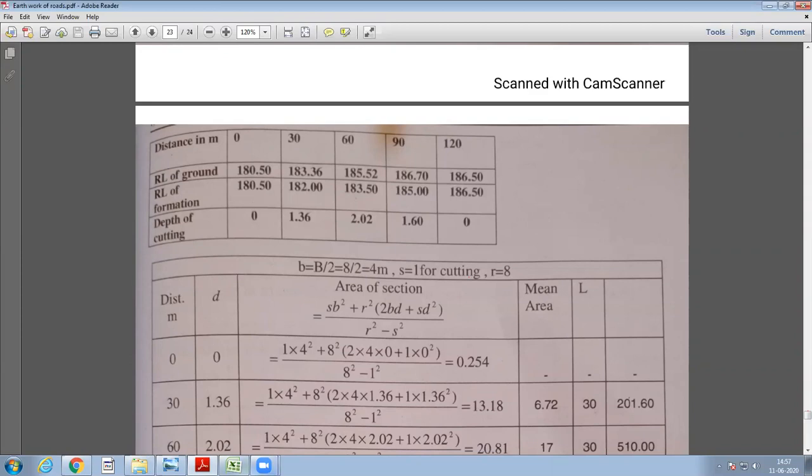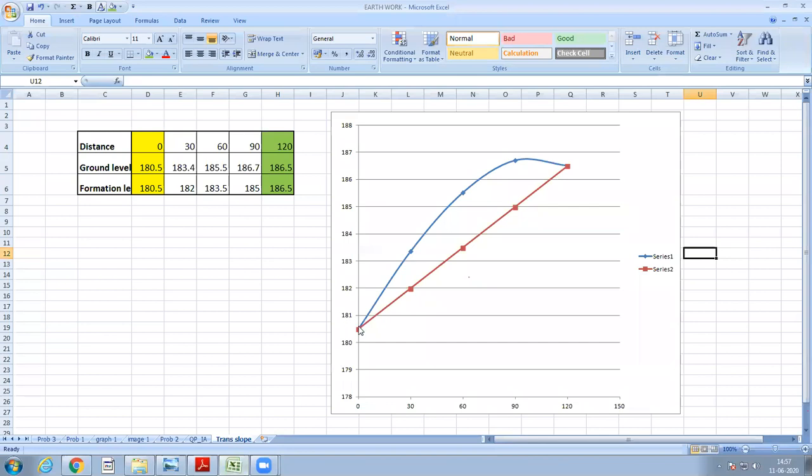So now let us plot a graph for this whole data. If you plot a graph, you will get like this. This is the RL for ground level, and you can observe as the data says at the first point and the last point the RL of formation should be same as ground level. They said the formation level should pass through the ground level at the end chainages.